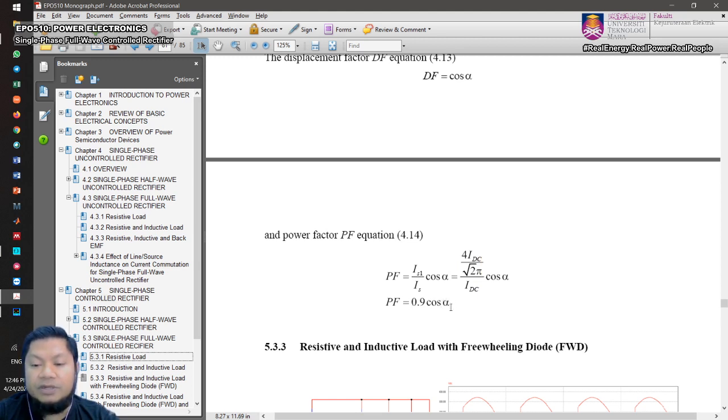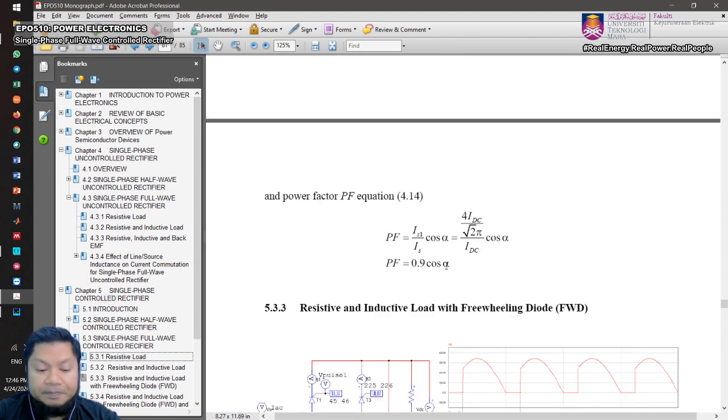So the value of alpha will actually affect the power factor. It will not be the case of the square waveform for the uncontrolled rectifier, where cos alpha equals 1 because alpha is 0, and the power factor of the uncontrolled full wave rectifier with highly inductive load equals 0.9. All right.